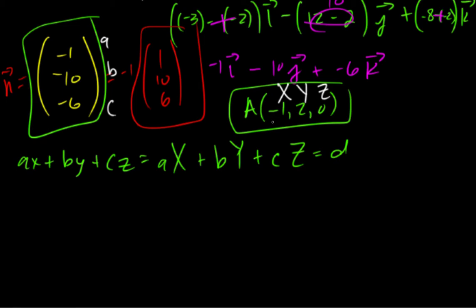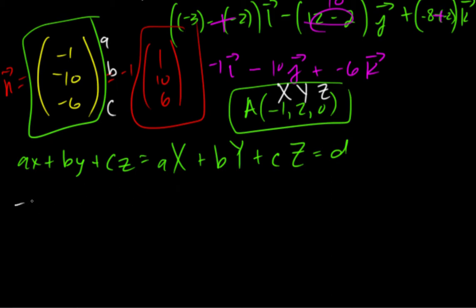So we do negative 1 times negative 1. It's going to give us a 1. Negative 10 times 2 is negative 20. Negative 6 times 0. Oh wait, I did the right side. I'm sorry. Okay.